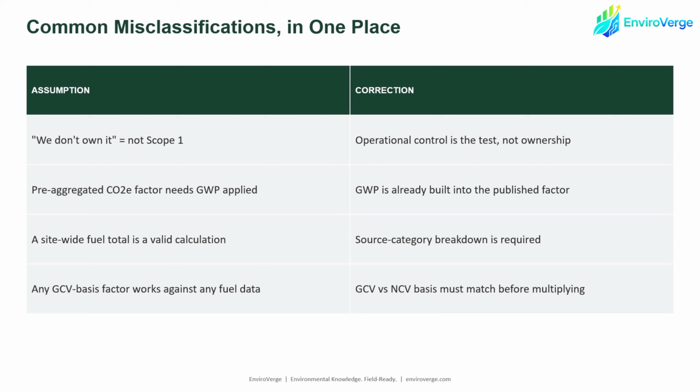I can apply it to any fuel data. Not quite. The table may be GCV basis. Your fuel data may be NCV basis. If the calorific value basis doesn't match, your number is wrong before you've done the multiplication. One of these 4, most practitioners have made at some point. The ones who haven't are about to avoid it.